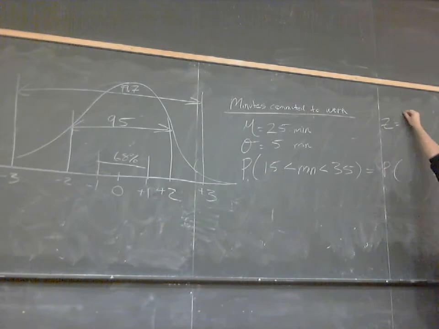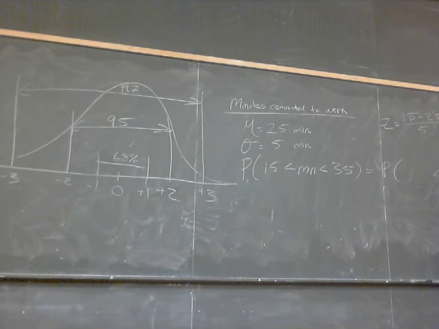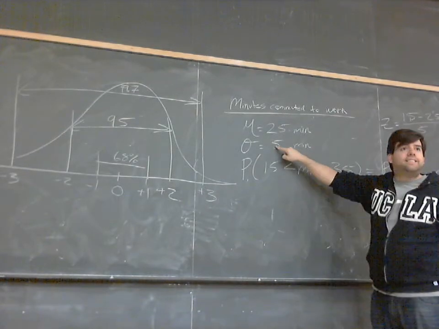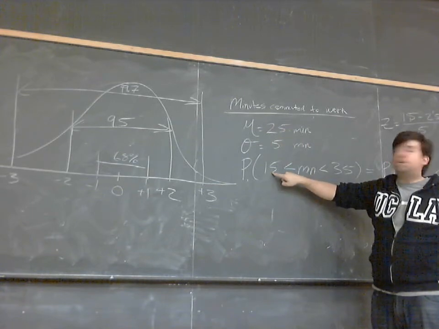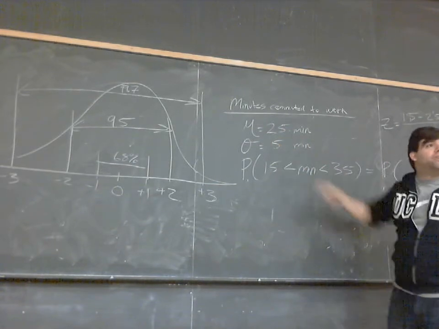X is 15 minus the mean of 25, divided by the standard deviation of 5, gives me negative 10 over 5, negative 2. Also just see that 2 of these is 10. 25 minus 10 is the 15 I was looking for. So 2 of these below the average.